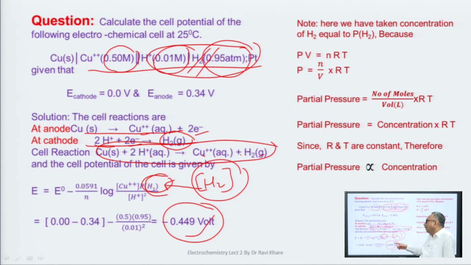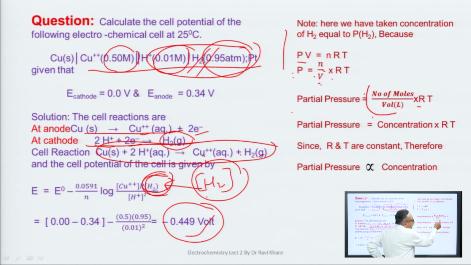Now, the question is why we have taken this? Why have we taken partial pressure of hydrogen in place of molecular concentration of hydrogen? See here, we know that PV is equal to nRT. We can write this equation in this form: P equals n upon V into RT. P is partial pressure, n is number of moles, V is volume in liters, R into T. This quantity n upon V, what is this?